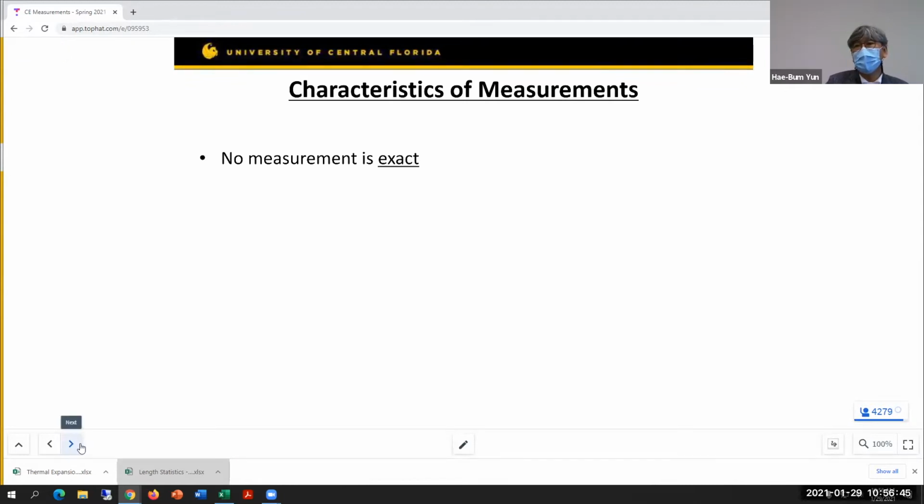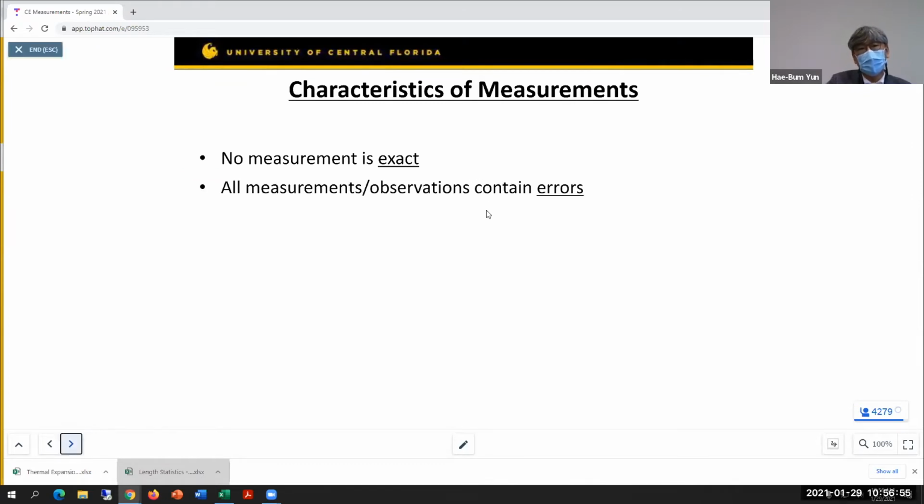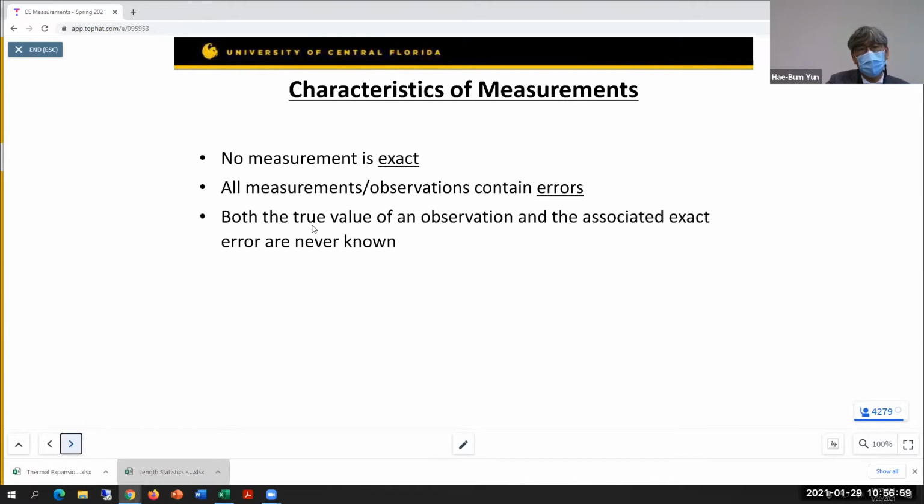So in a land surveying project, how to deal with the error is very important. Both the true value of the observation and the exact errors are never known.